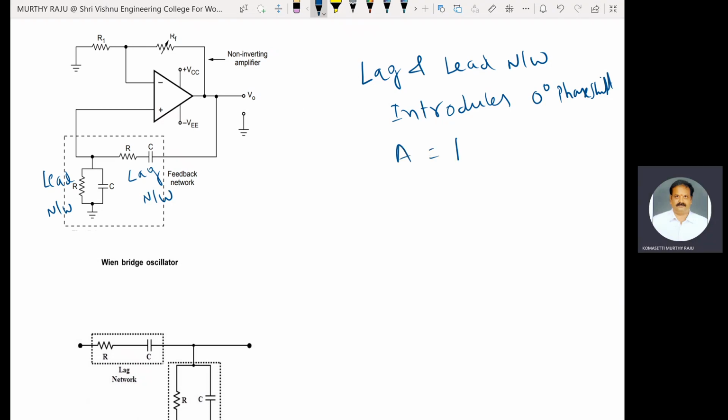The gain of the op-amp is 1 plus RF by R1. This one is RF. The non-inverting op-amp amplifier configuration introduces 0 degrees phase shift.